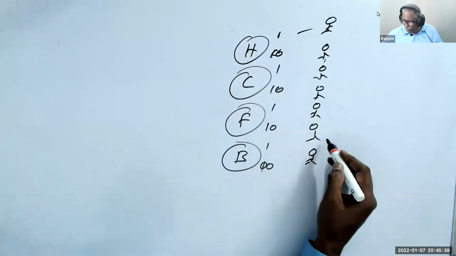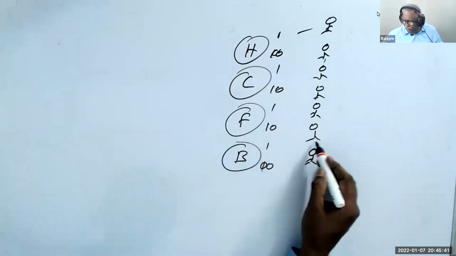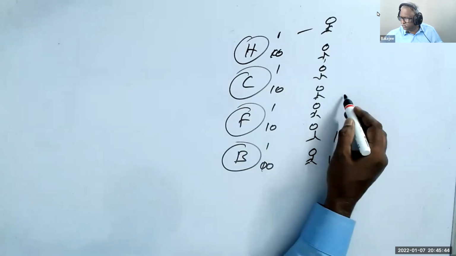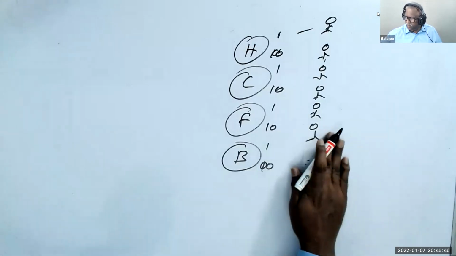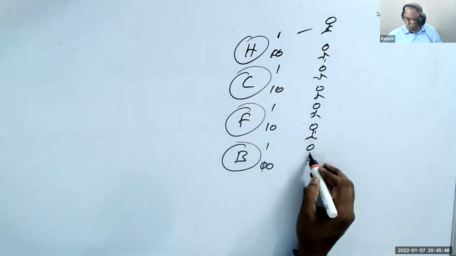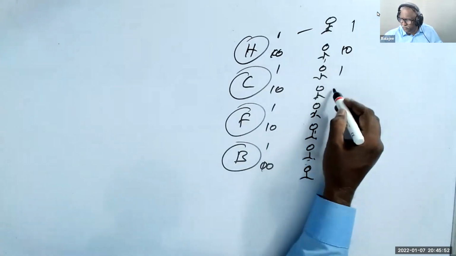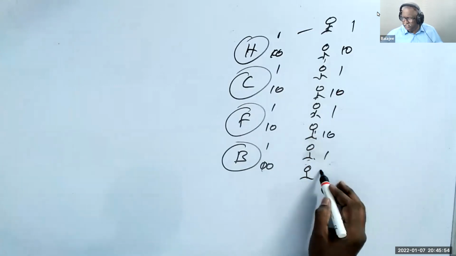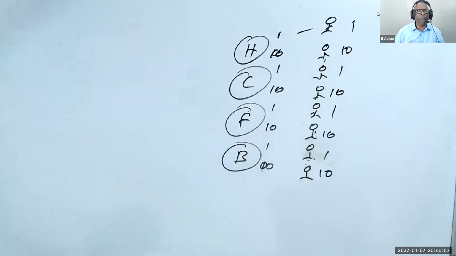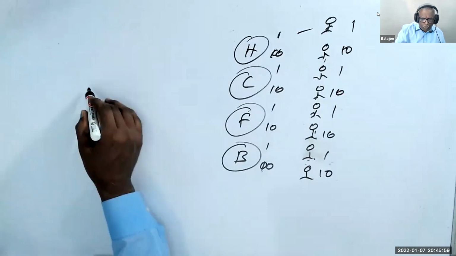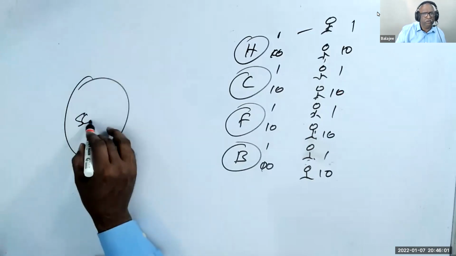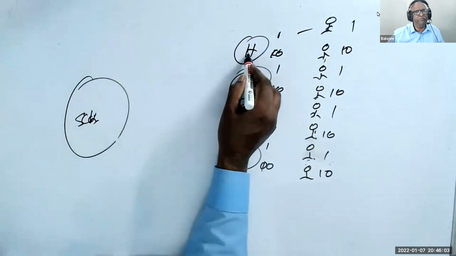Inside the team, they have 1 to 10. Everybody is having 1 to 10. Now, from the whole school point of view, the hockey team is the first team.